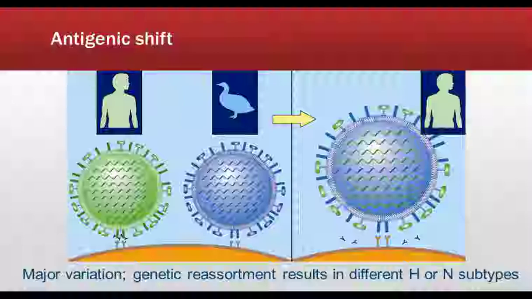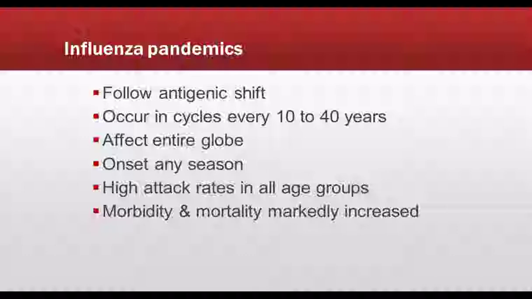And in the pig, the viruses reassort. This doesn't occur commonly, but when it does occur, you wind up with a novel virus. In this case, a virus that has the hemagglutinin from the duck or avian type of influenza and the neuraminidase from the human type. And so now you've got a novel virus. And this is what can lead to pandemics.